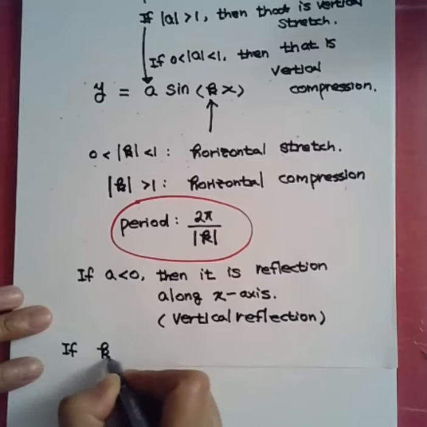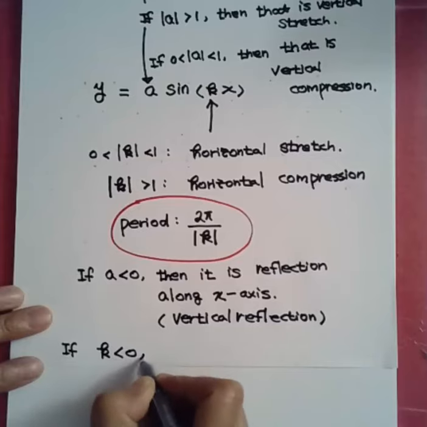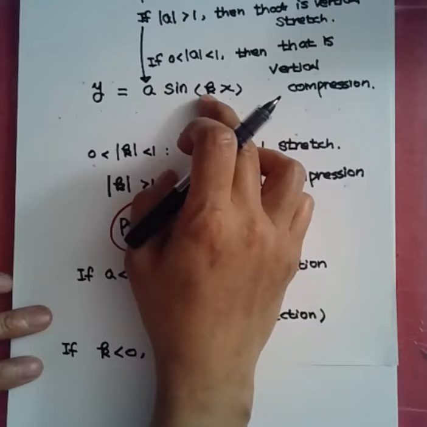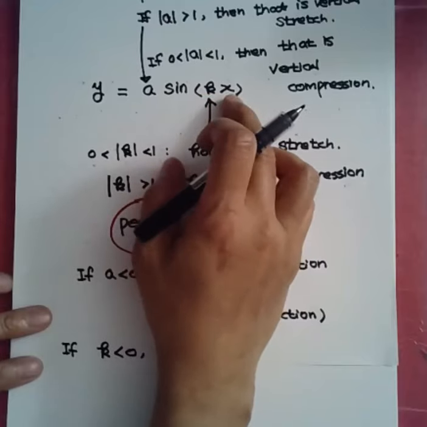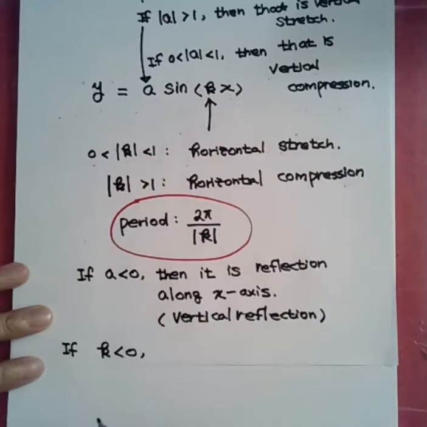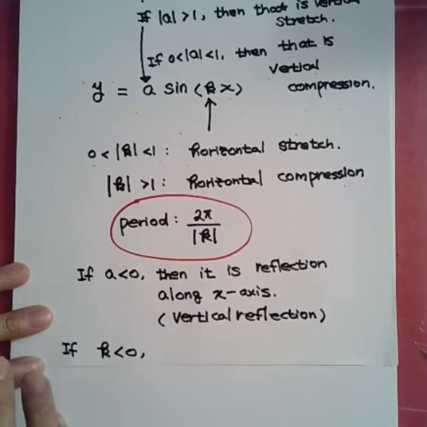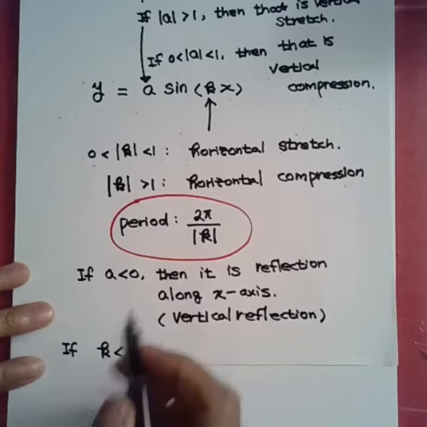If k is negative, that is multiplied to x, so it will switch the x value, so a positive x value will become a negative x value, so we have to flip along the y-axis.